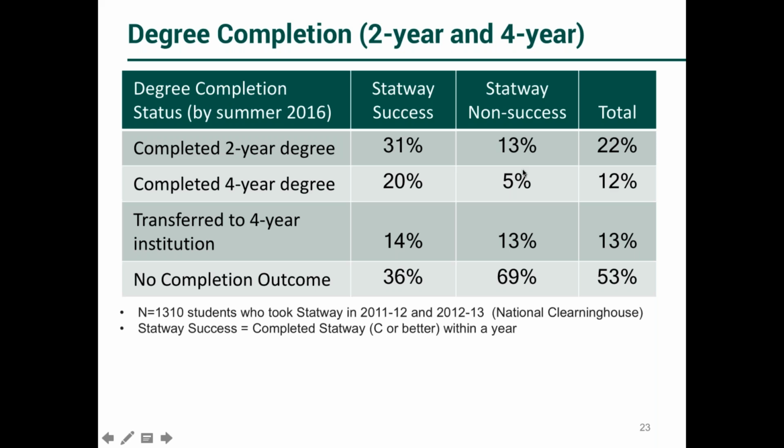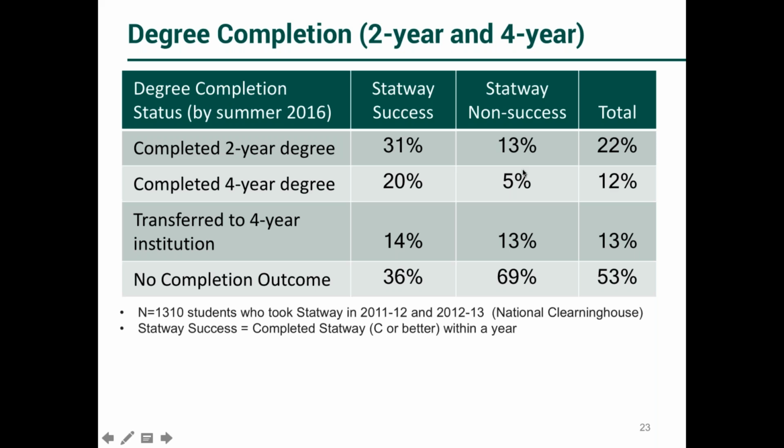So what this says is that for Statway students in the 2011-12, 2012-13 cohort, 31% of those students who successfully completed Statway completed a 2-year degree by the summer of 2016. By contrast, of those students who were not successful in Statway, and of course successful is C or better, 13% completed that 2-year degree by the summer of 2016.